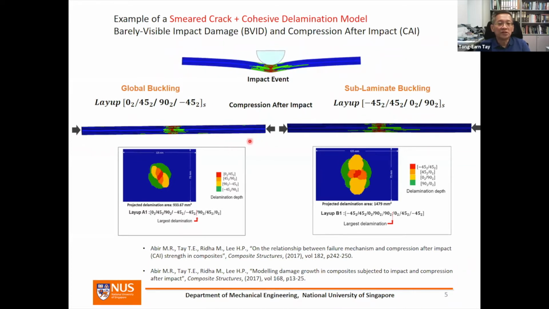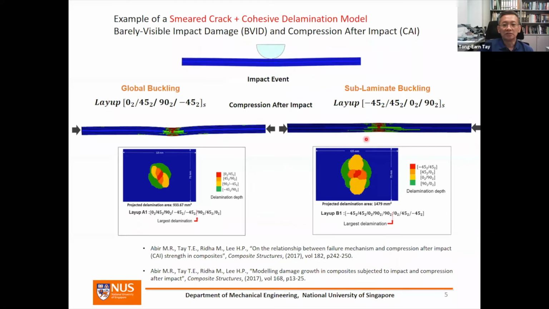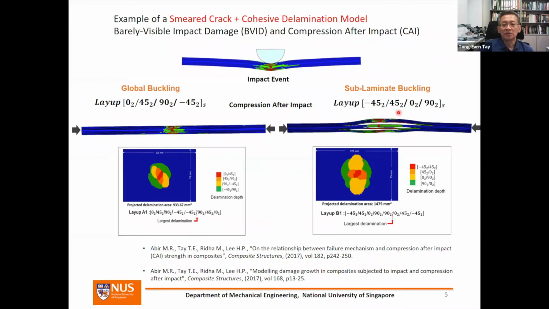Now, in this case, you can see that even though the model is primarily smeared crack, you have two very different behaviors. On the left, you see that for this particular layup, the dominant failure is global buckling, whereas on the right, for this configuration, you have sublaminate buckling.